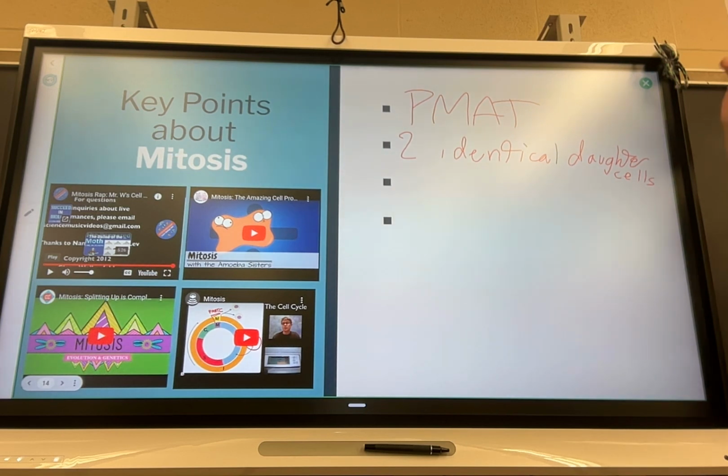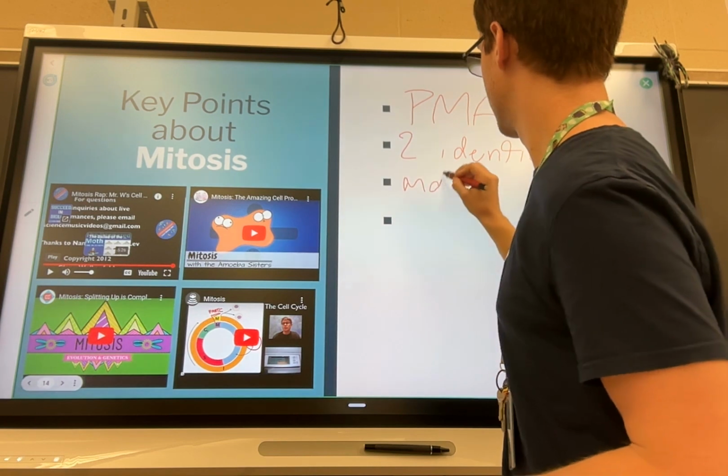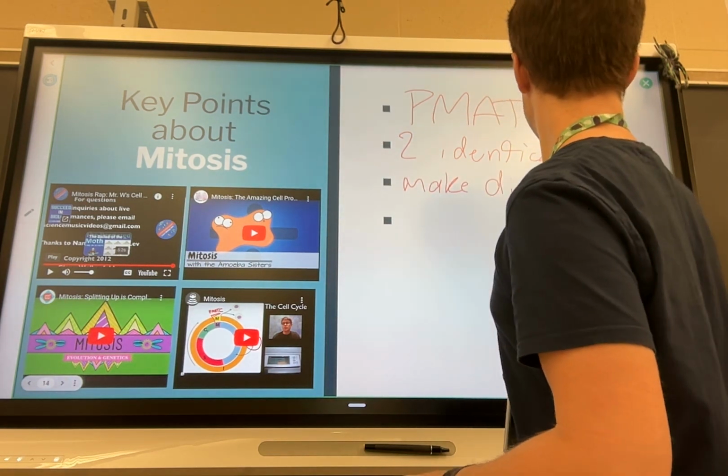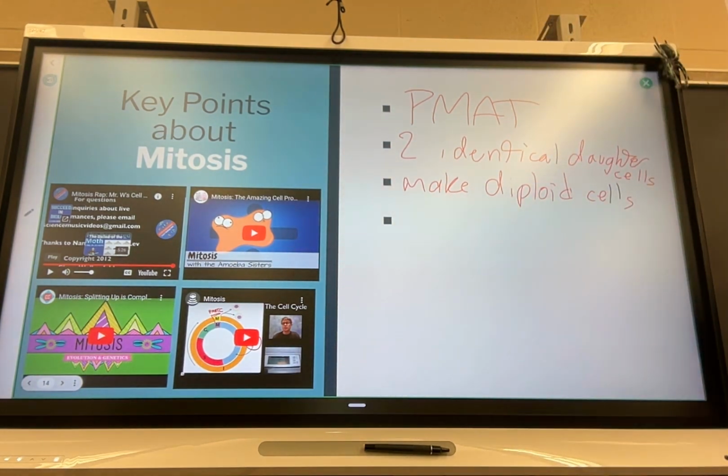So in terms of key points, we have PMAT, so prophase, metaphase, anaphase, telophase, 2 identical daughter cells. What else? Ashlyn. Diploid cells reproduce through meiosis. Okay, so it's going to make diploid cells. And what's one more?